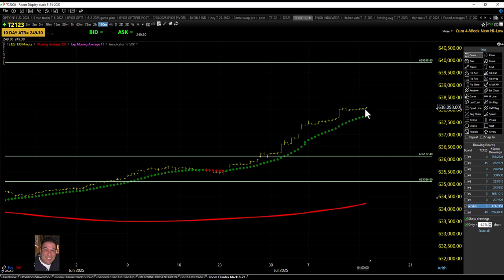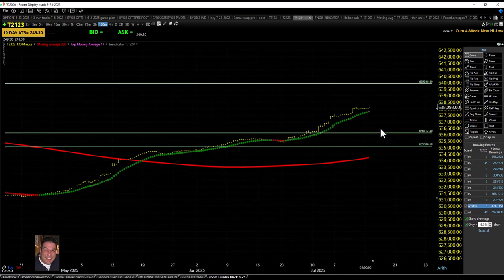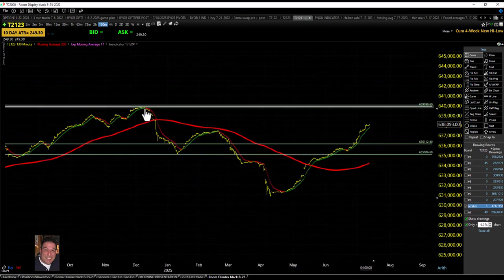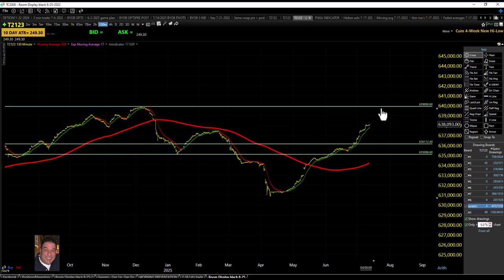They're buying it back right there. Up over the 17 EMA, up over the 200, up over prior all-time high 1 and prior all-time high 2. This is the all-time high up there. This is looking ready to strike at the all-time highs right up here. I think we go higher.